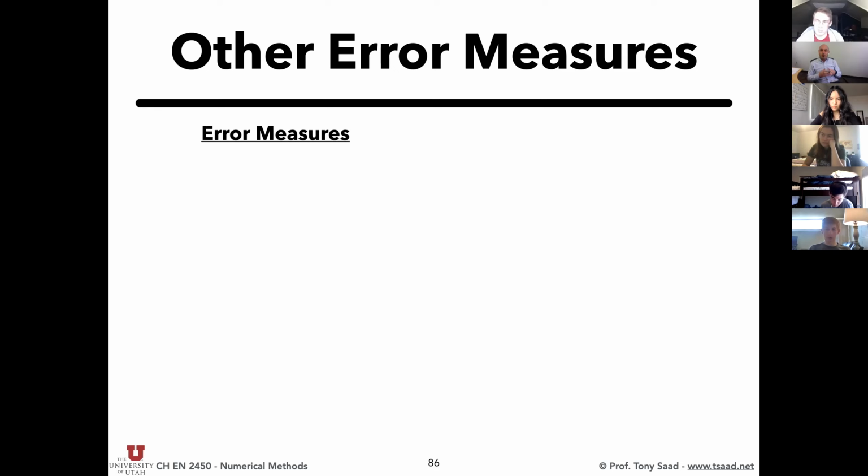So we don't know the answer X, but we know if the answer is found, then if we plug it back into the governing equation, AX is going to be equal to B. So can someone now suggest to me another error measurement? Not the norm, just a different error measurement. Right now, we measured the error between iterates, iteration K and K plus 1. What is another error that we can define?